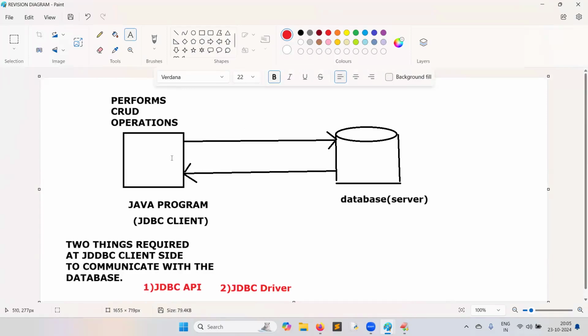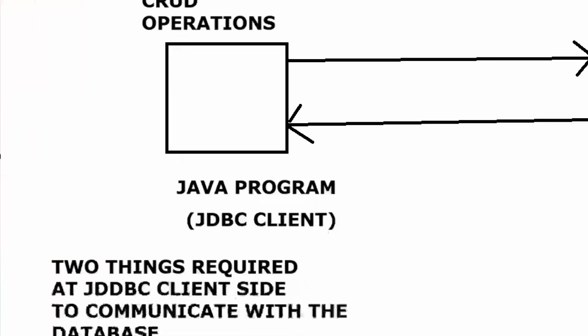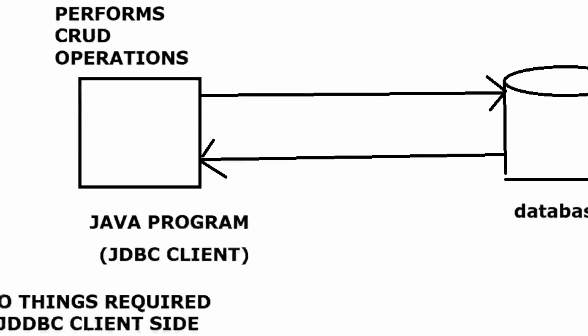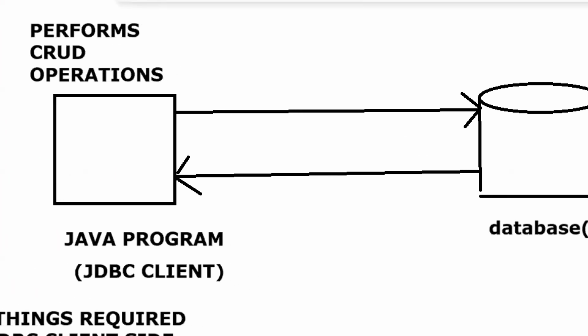What is JDBC architecture? Client-server architecture. Java program is the client, database is the server. Java program communicates with the database to perform CRUD operations.